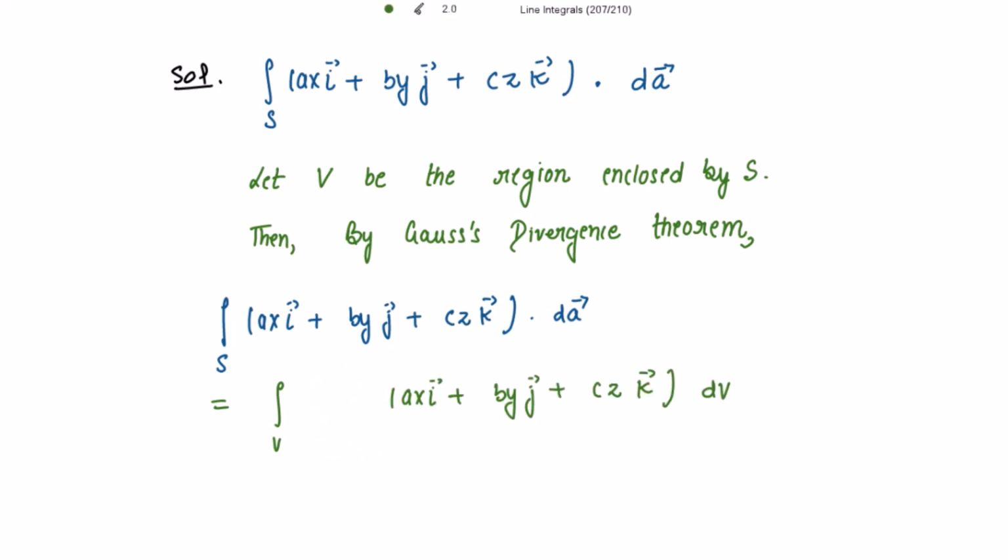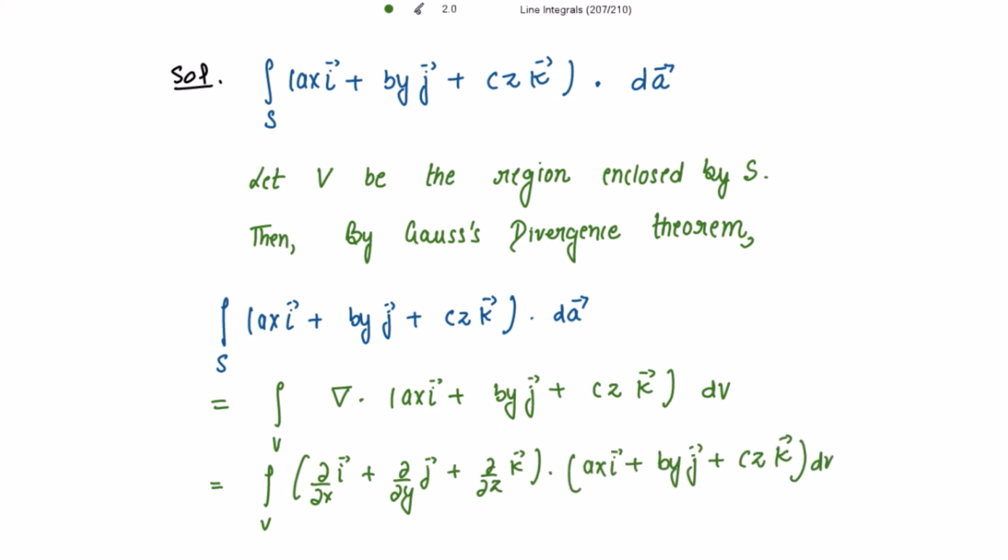And the divergence of a vector can be written as del dot of this vector. That is equal to the volume integral of, what is del? It is ∂/∂x i vector plus ∂/∂y j vector plus ∂/∂z k vector, and its dot product with this vector, right?